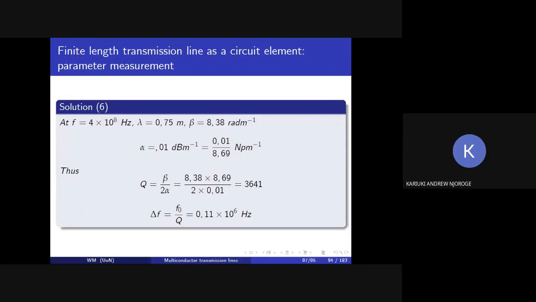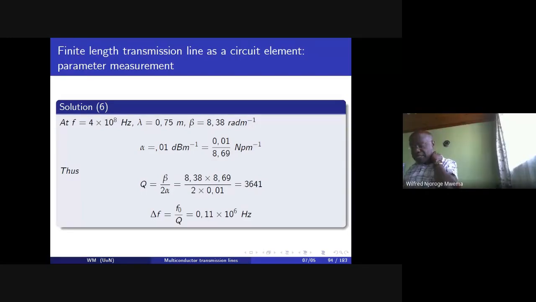Could you repeat the question kindly? I'm asking you to get the resistance of an inductor that would give us the same kind of Q, if we were to implement that resonator in terms of lumped elements.